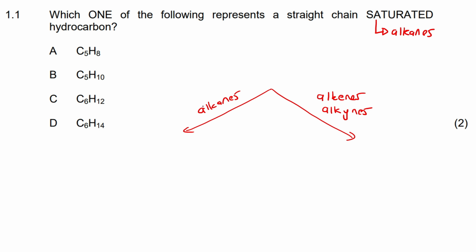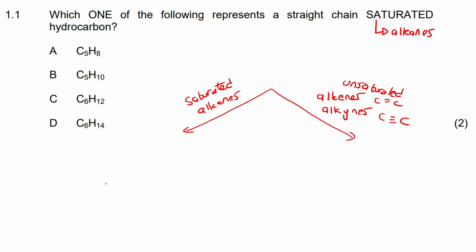These ones are saturated, and these ones are unsaturated. What does it look like? Well, when you've got alkenes, you've got a double bond, and when you've got alkynes, you've got a triple bond. So let me quickly explain what saturated and unsaturated mean.